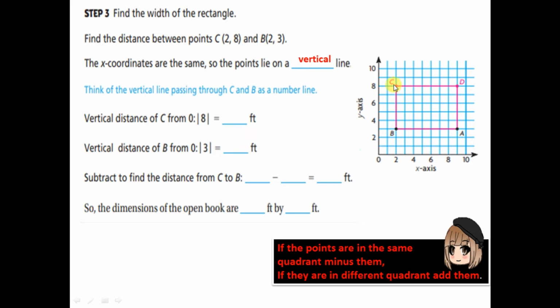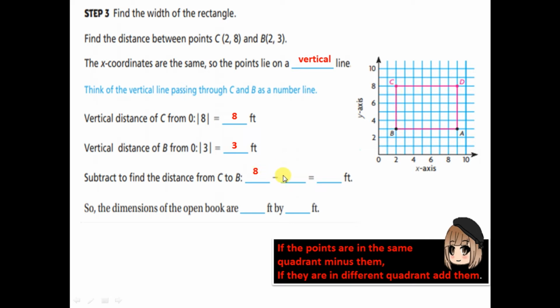The first point here is C. C is equal to 8. The absolute value of 8 is also 8. It's not negative here, so we will put 8 as it is. Then B is between 2 and 4. It is 3. So the absolute value here is 3. Now we will minus them to get the length.